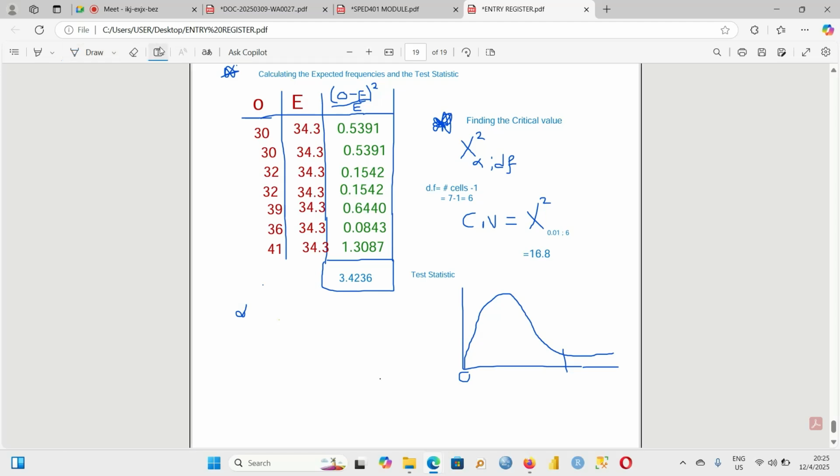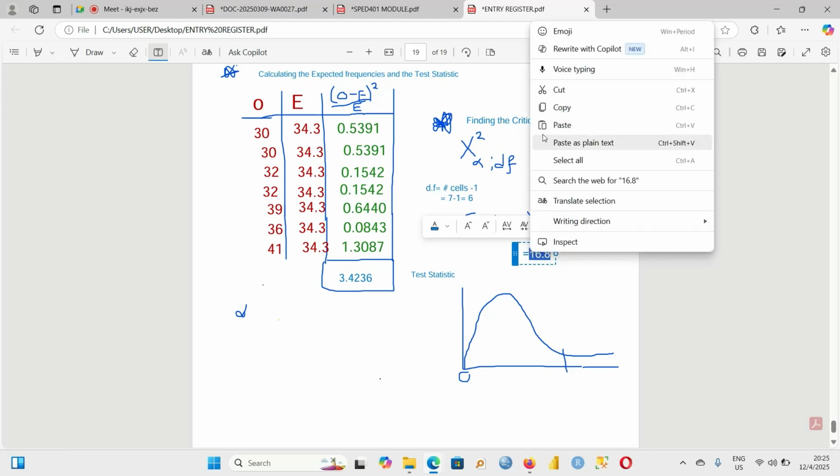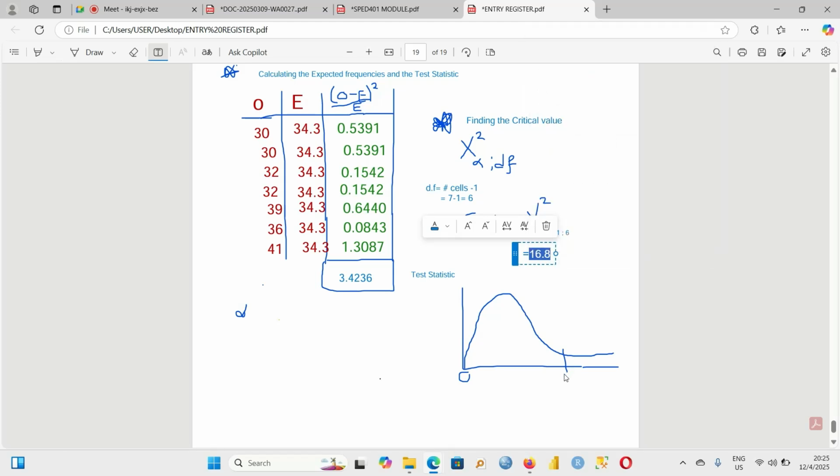This is the critical value. Let me copy this one. 16.8, our critical value.